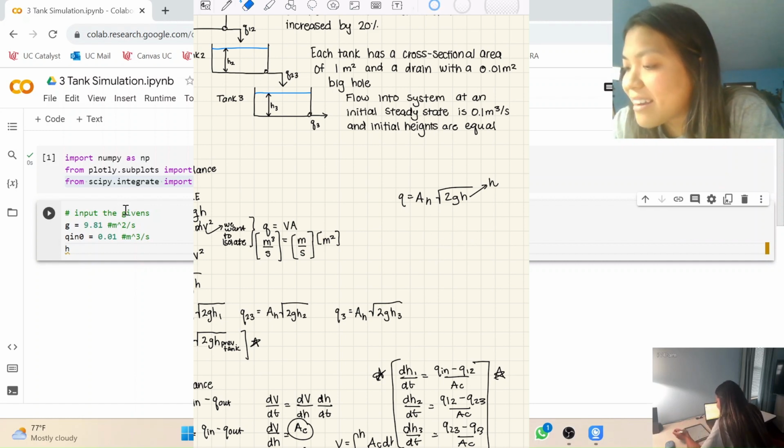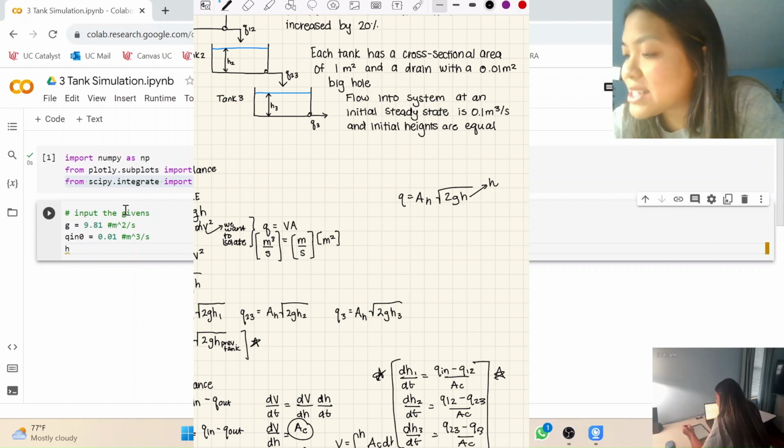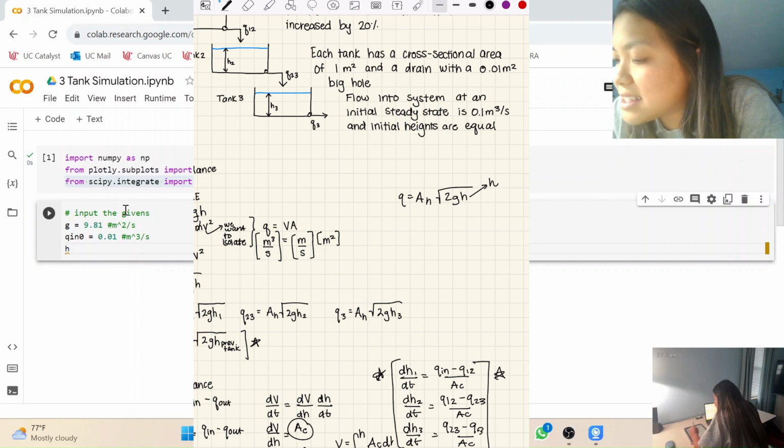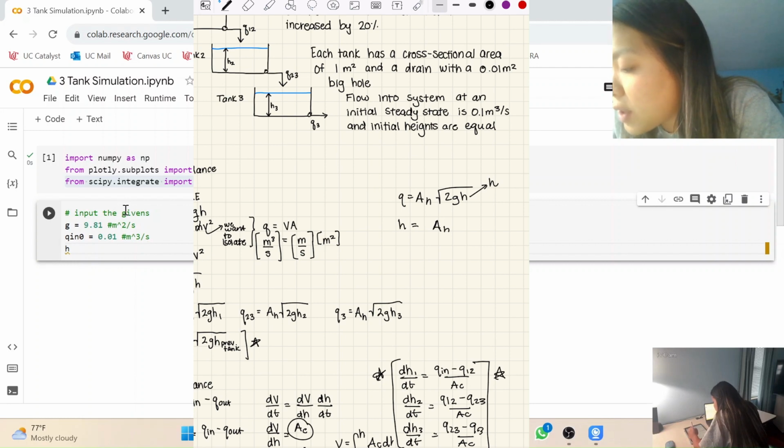Wrong algebra there. Let's write this out. It's actually going to be the height is equal to the hole of the drain's area squared, divided by the flow squared, times 2 times the gravitational constant.